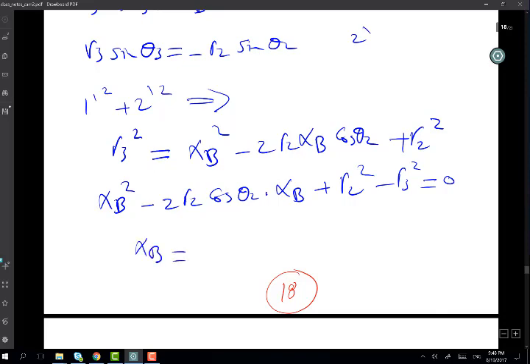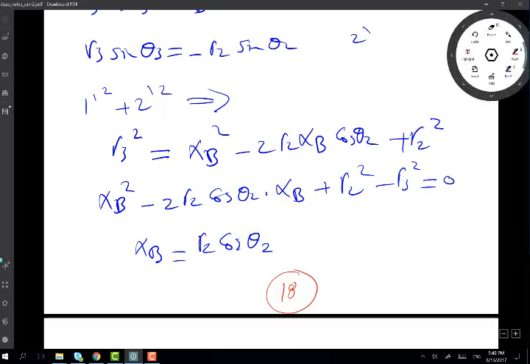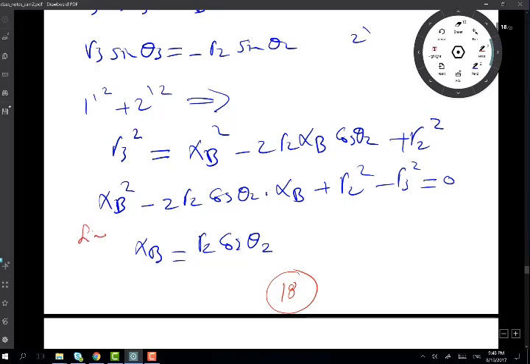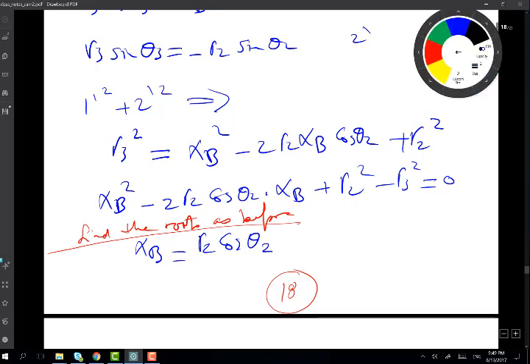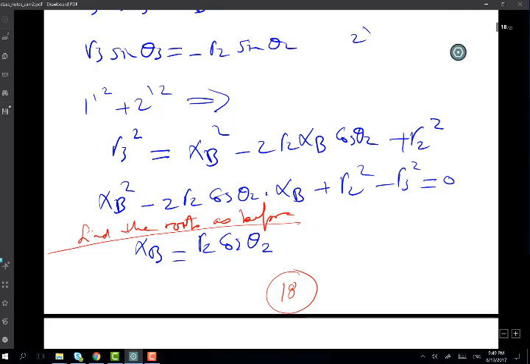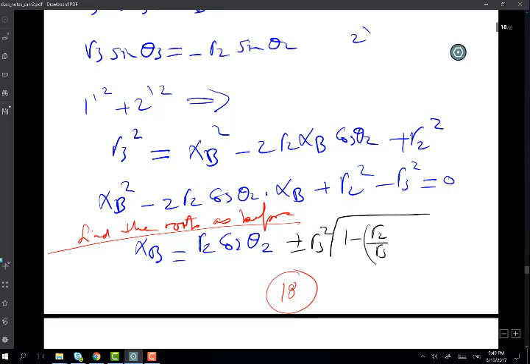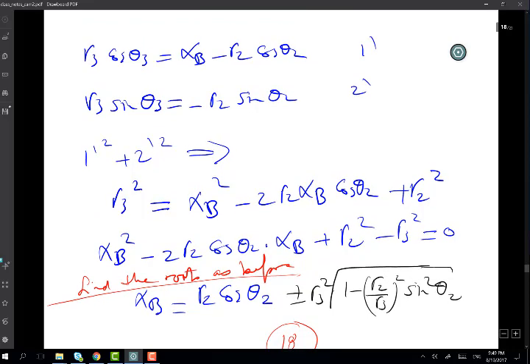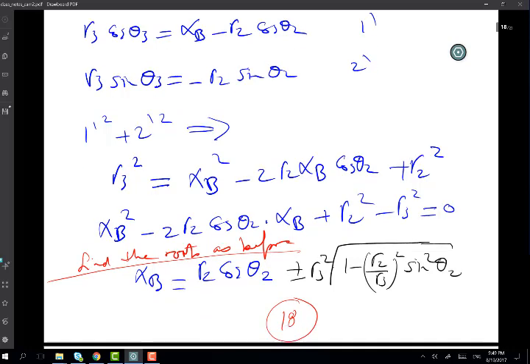So XB will be equal to R2 cosine theta 2 plus or minus the square root of R3 squared, and if you remember, inside here 1 minus R2 over R3 all squared sine squared theta 2. Here I'm just going to say find the roots, or solve the quadratic, as before. This is XB.